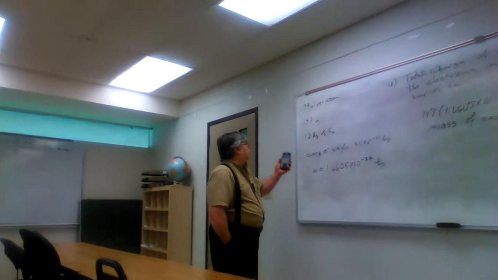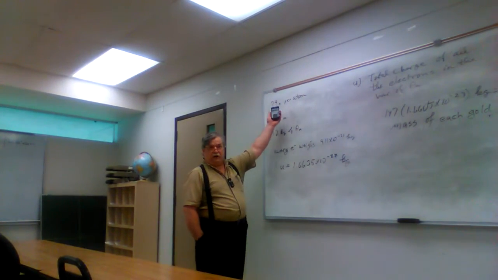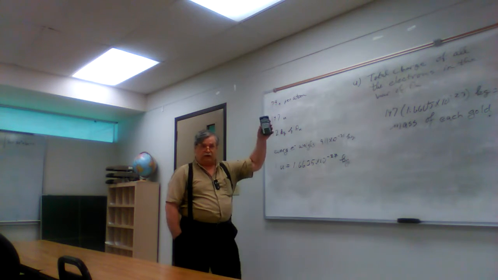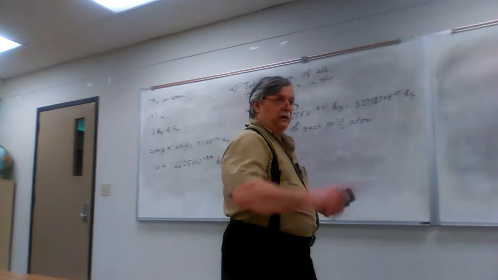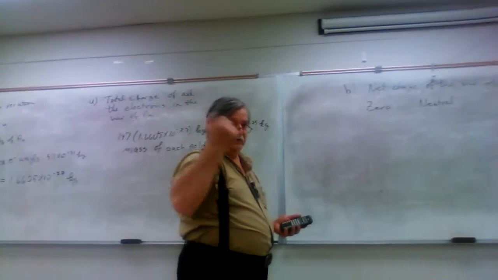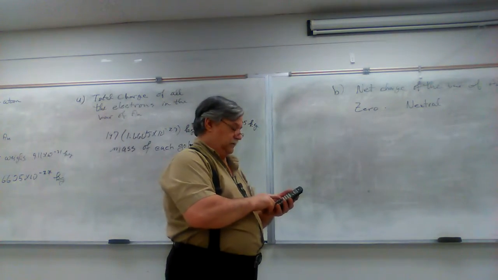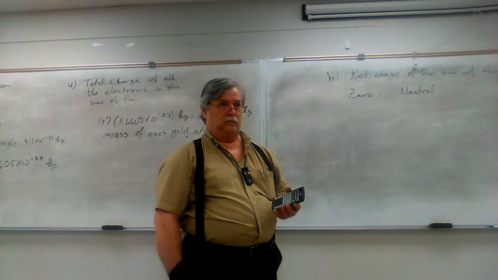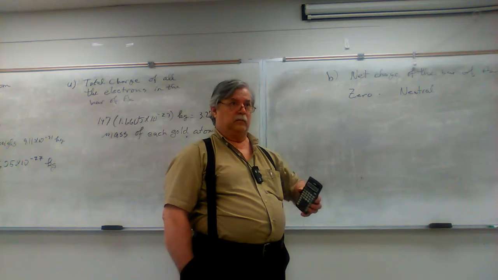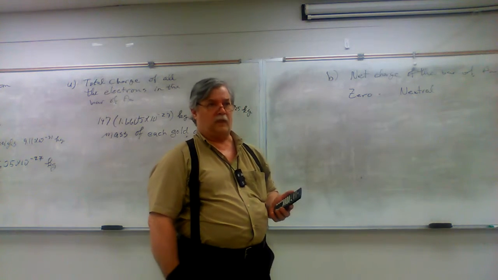There we have 79 electrons on each and every one of those atoms. So we take that number and multiply it by 79. There's where we use the 79.